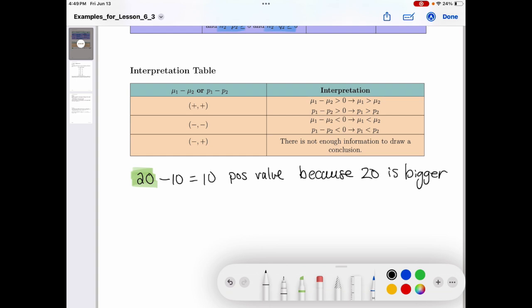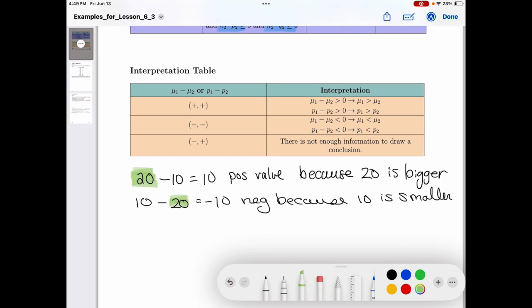But if I reverse that, if I did 10 minus 20 and I got negative 10, this is negative because 10 is smaller. So the bigger number here still is 20, but because I'm subtracting 20 from a smaller number, that's why it's negative.